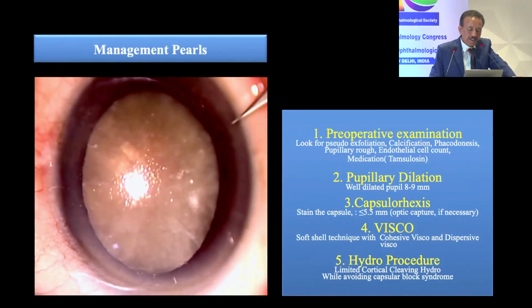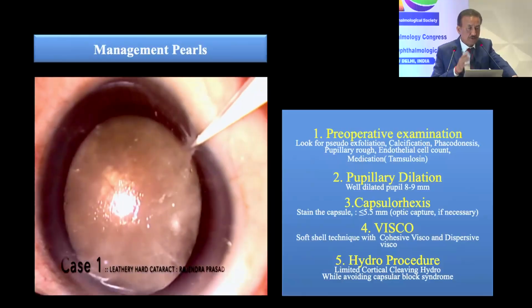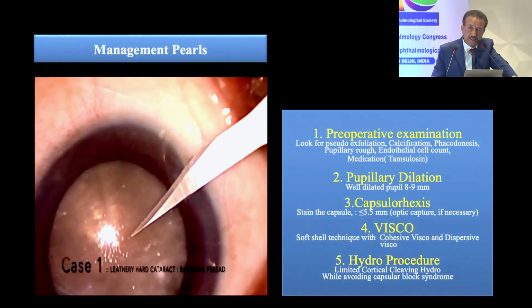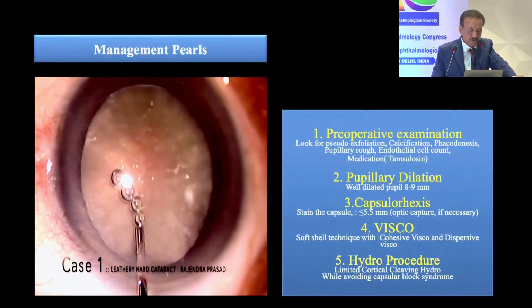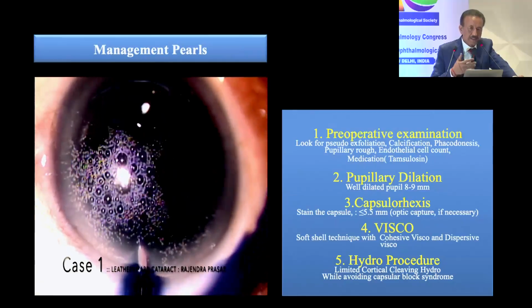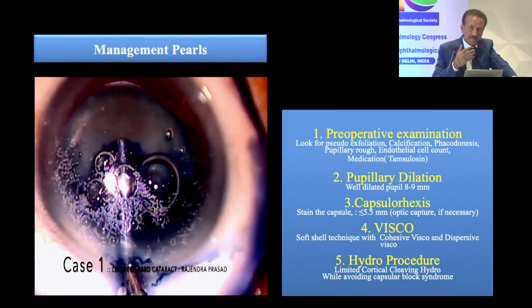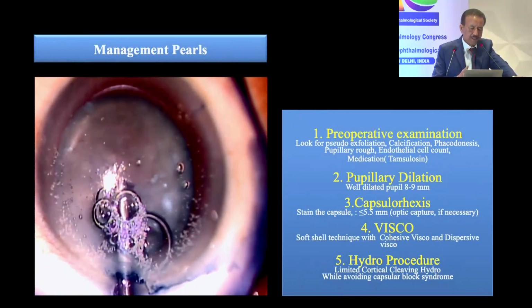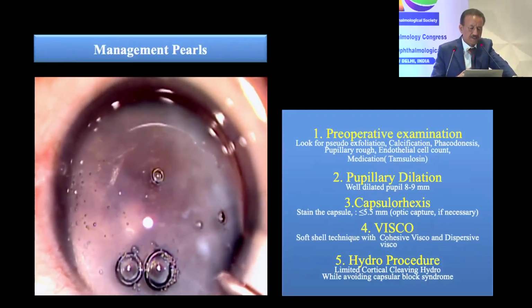Your pre-operative examination is very important, because you should know what case you are dealing with in your OT. You must assess the capsular status, pseudo-exfoliation, the hardness of the nucleus, and the dilation of the pupil.